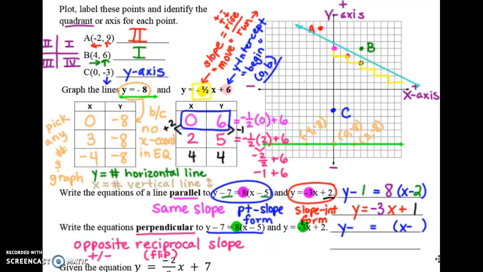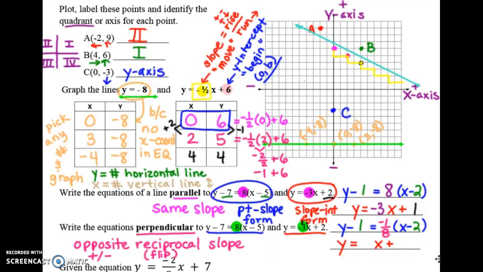So in the first equation again, the y and the x remain the same, stay in the same place. I simply take the opposite of the slope, which was positive 8, and make it negative 8, and then flip it. So you can write it as 1 over negative 8 or negative 1 over positive 8. And then I could choose any numbers I like.